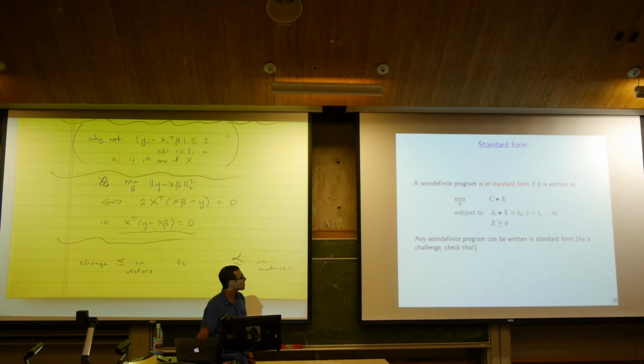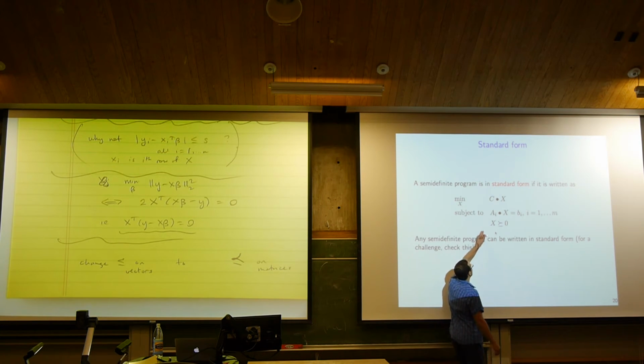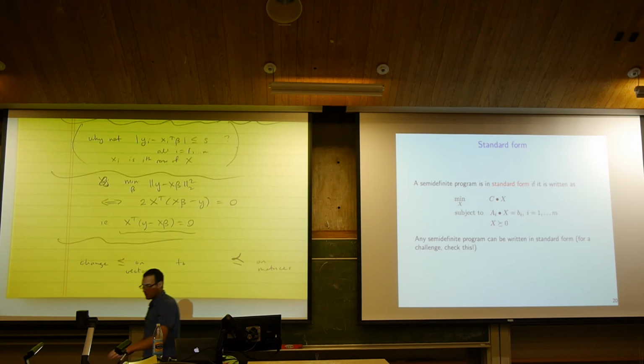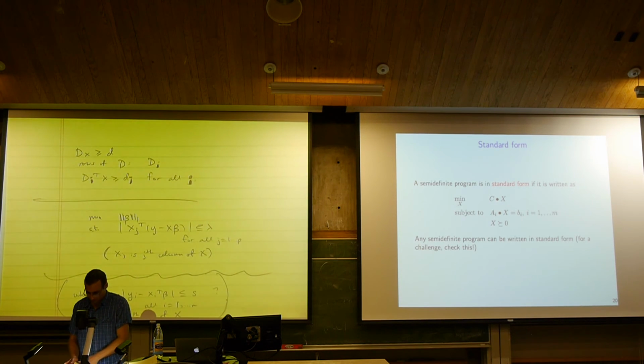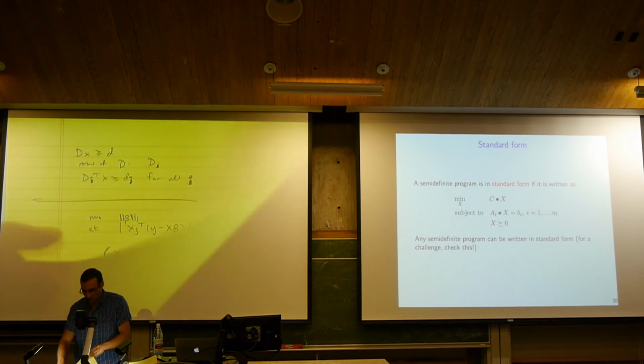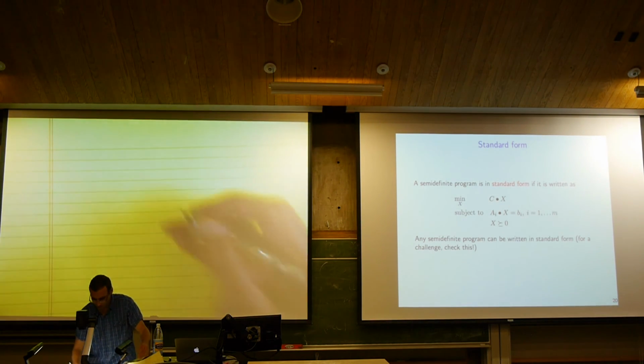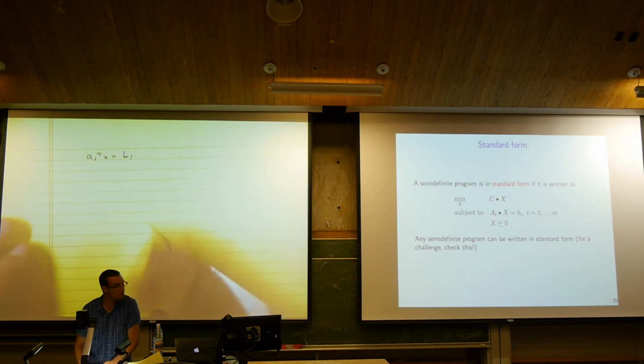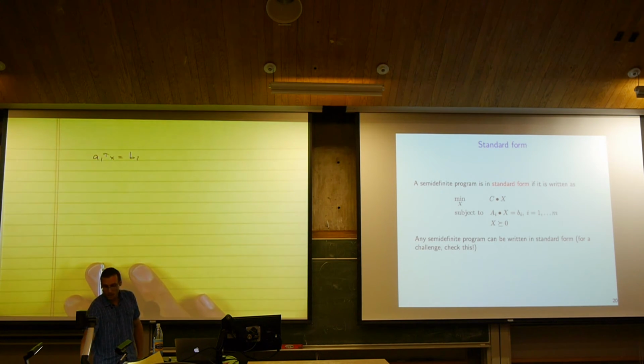Before I had a vector x being bigger than or equal to 0. Now I have a matrix X being bigger than or equal to 0. And before I had a bunch of linear equalities, a_i transpose x equal to b_i.